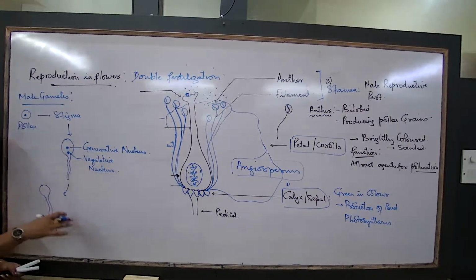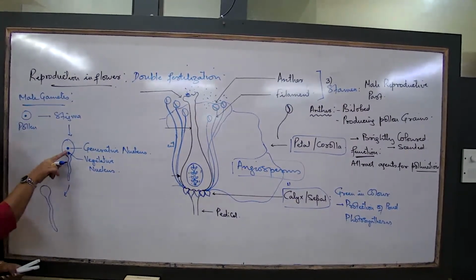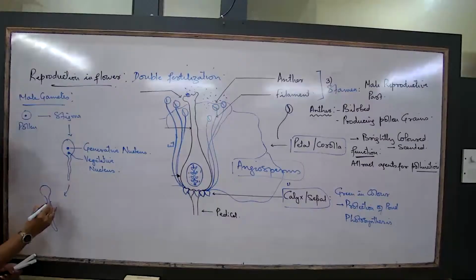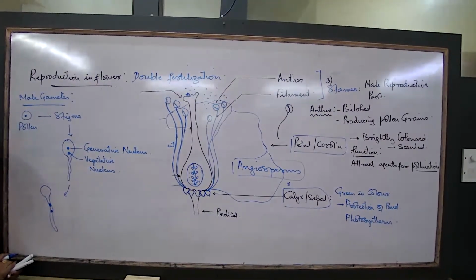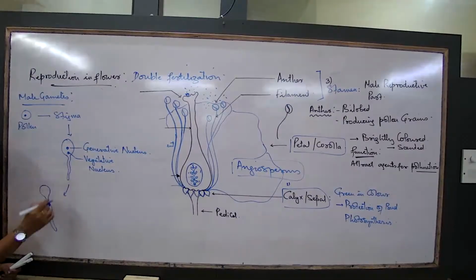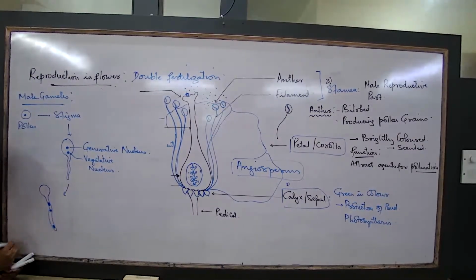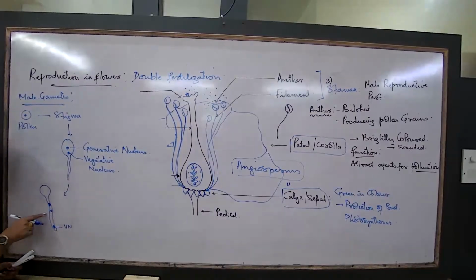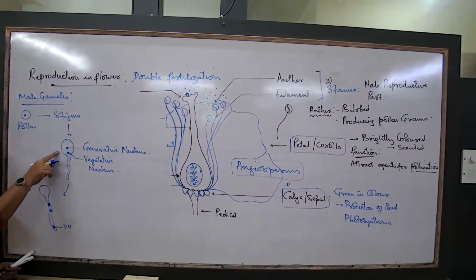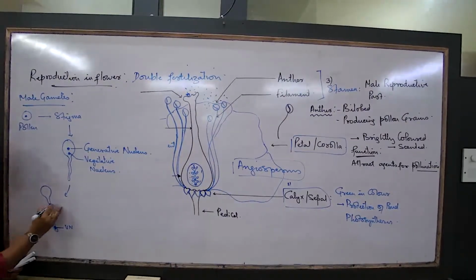It will continue the growth of the pollen tube, but by that time, the generative nucleus has again developed into two more nuclei. What about the vegetative? It will just remain as it is. So this is the vegetative nucleus, which will later be used up during the maturation of the generative nucleus which is dividing.